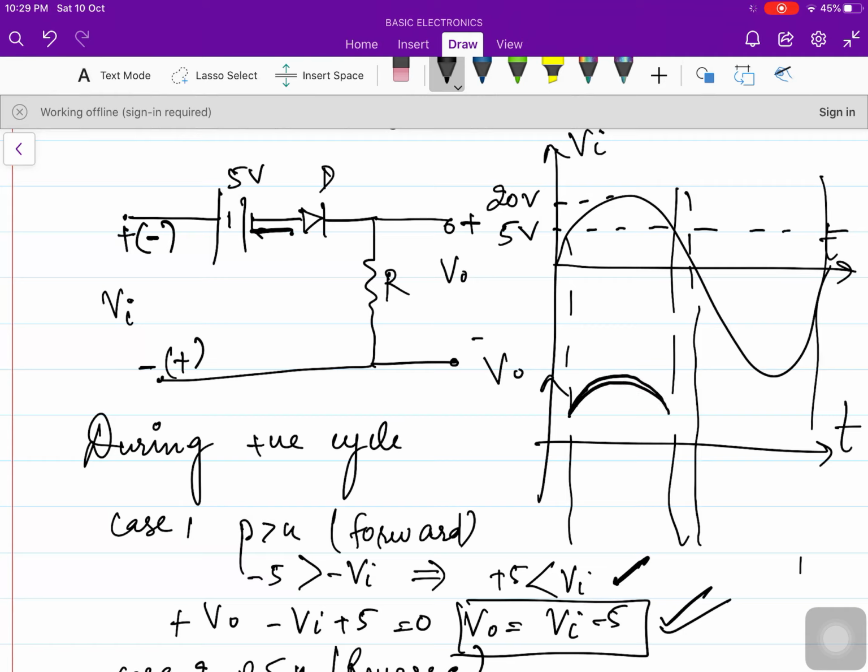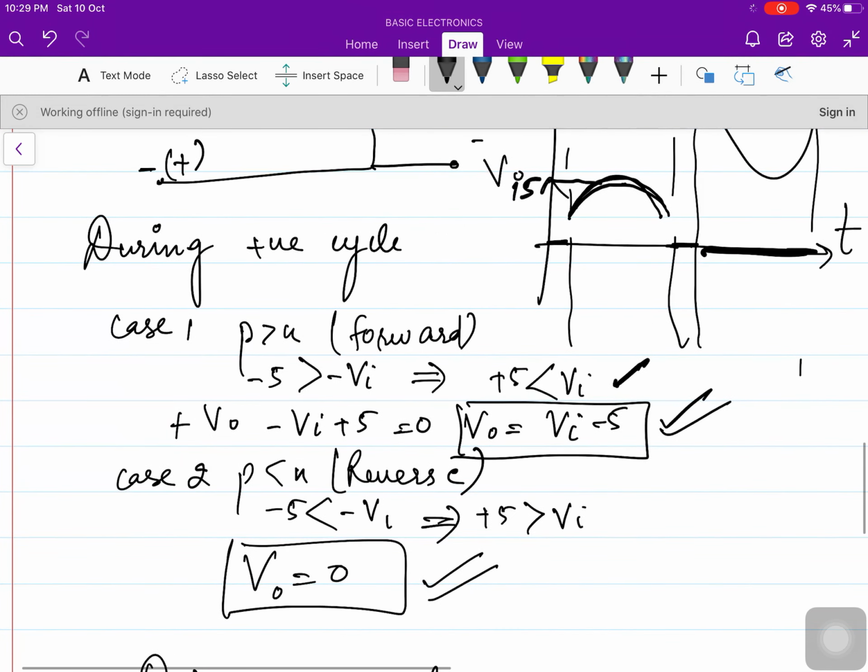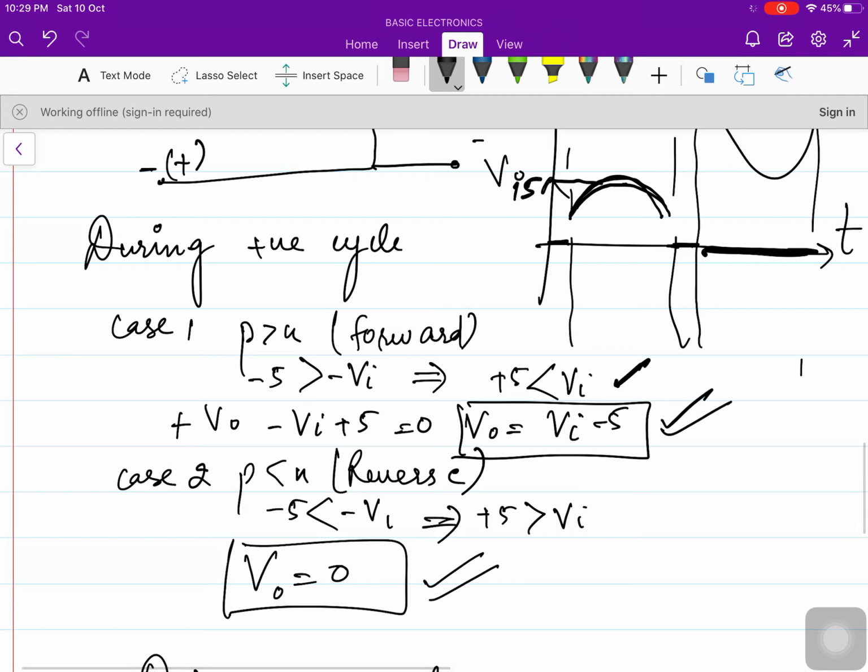So it will be in the same manner, but now the value is only 15. And for the remaining portion, the answer is 0. Now for the negative half cycle, answer is again 0. So this is how the waveform is drawn, and this is the answer.